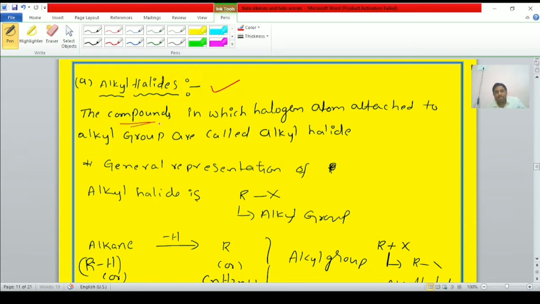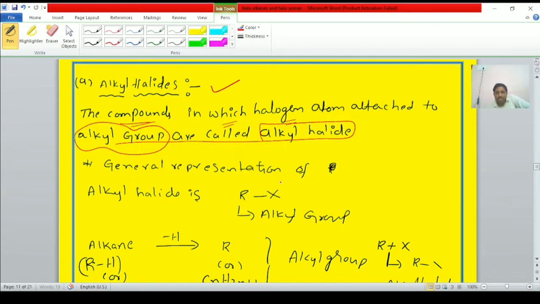The compounds in which the halogen atom is attached to an alkyl group are called alkyl halides.